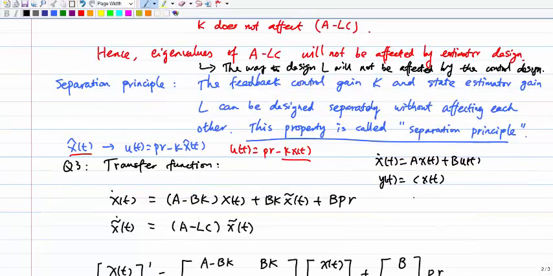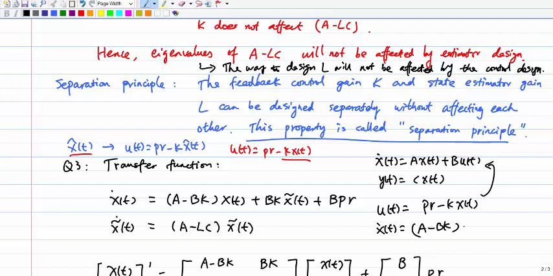Of course, I have my u t given the standard state feedback, K r minus K x t. If I replace this and put it inside, simplifying, I have x dot t equals A minus BK times x t plus B r t. That's what we have.